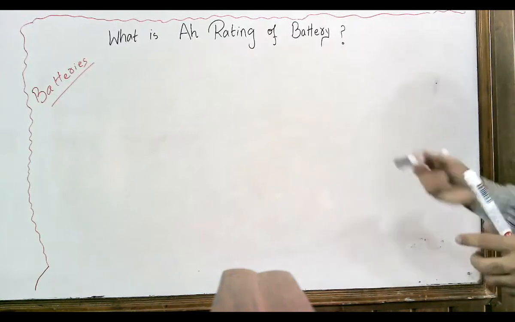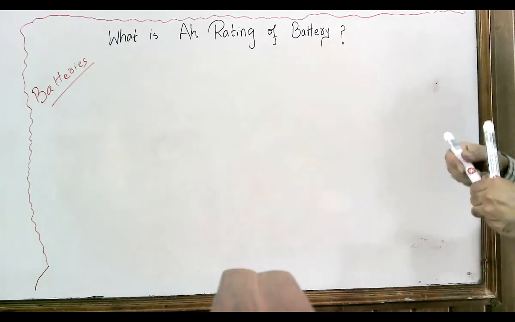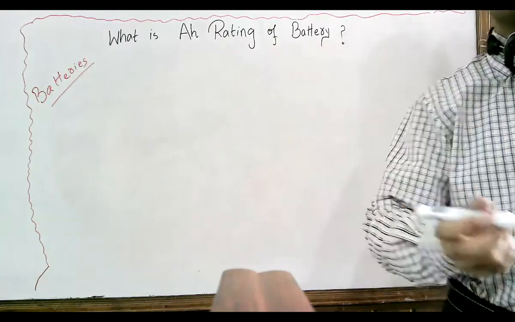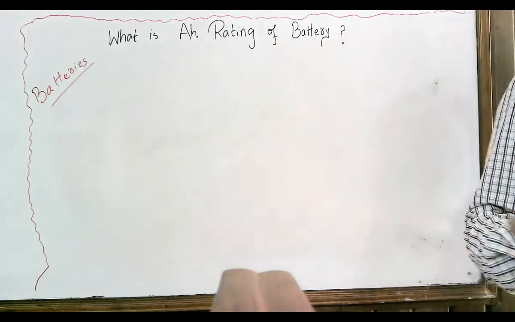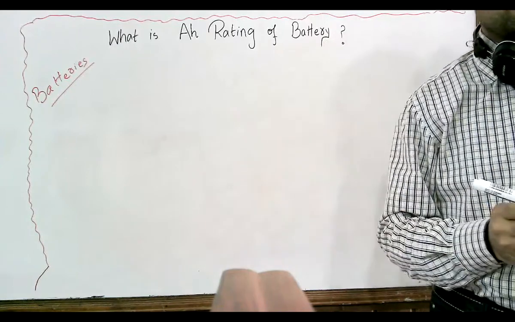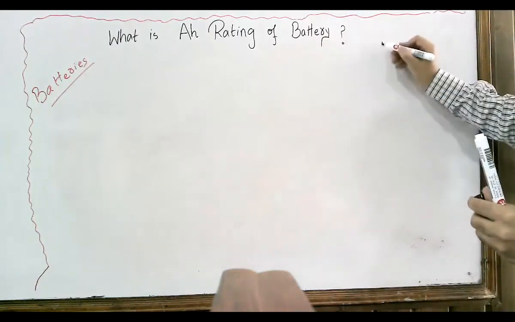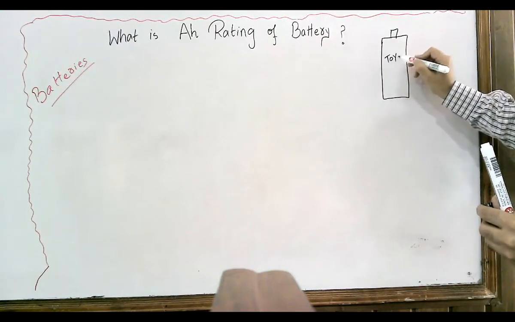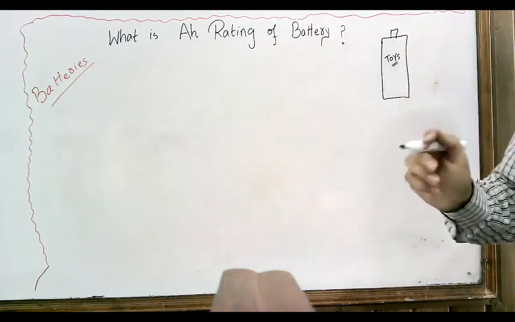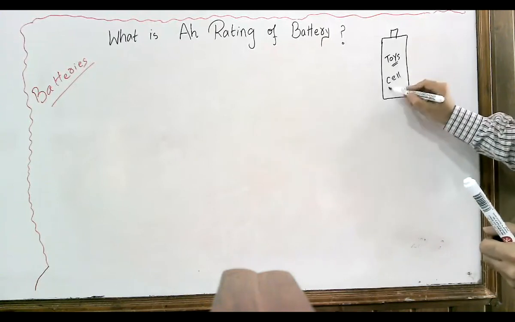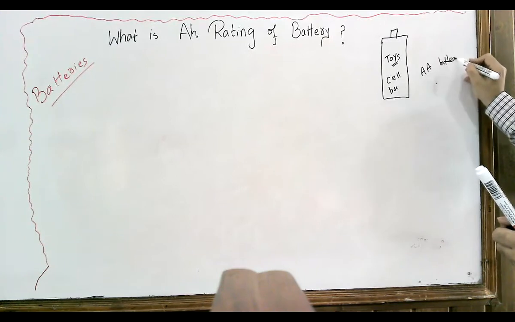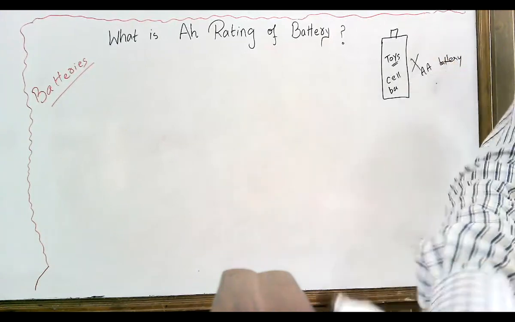I'm talking about the batteries which are either lead acid batteries or lithium ion batteries we discussed in the previous lecture. We are not discussing the cell batteries used in toys, like double A or triple A batteries. We are not discussing these batteries.